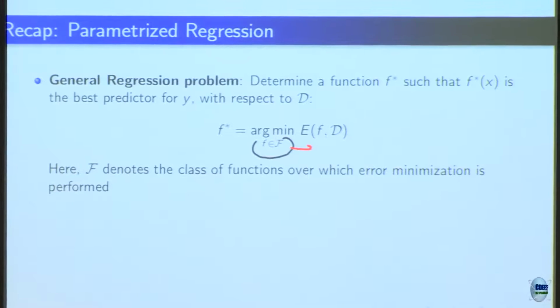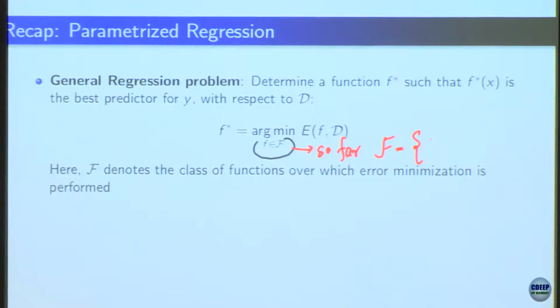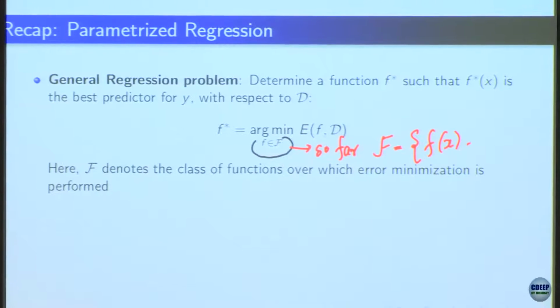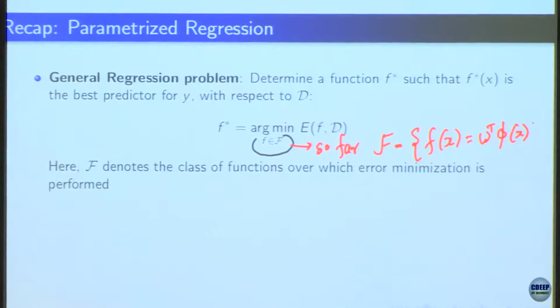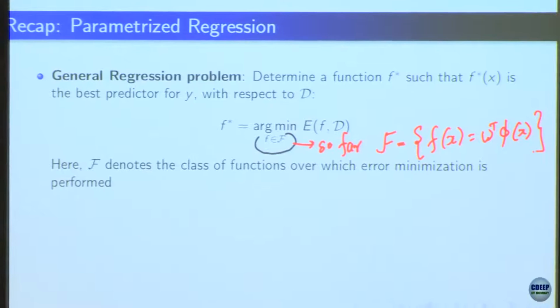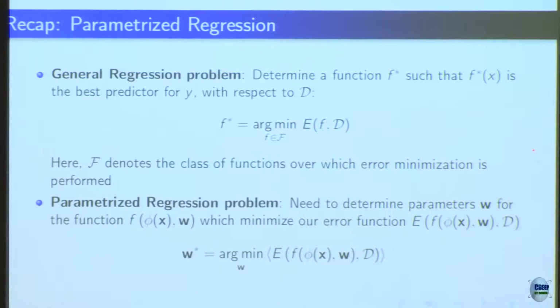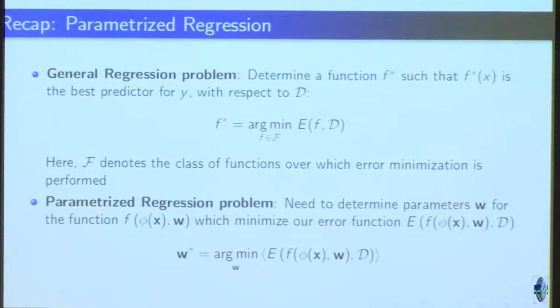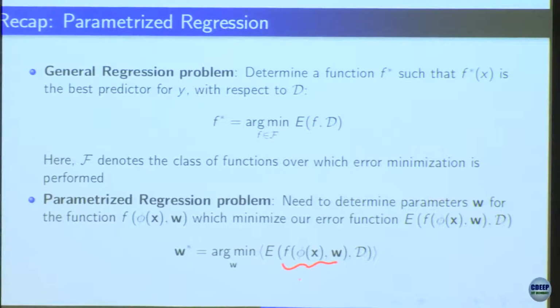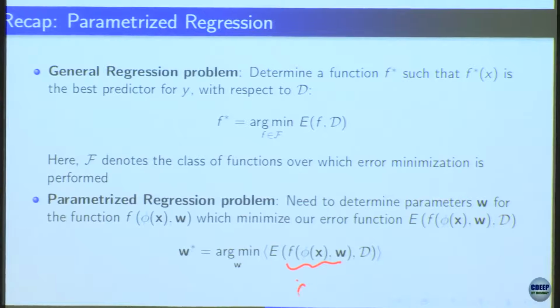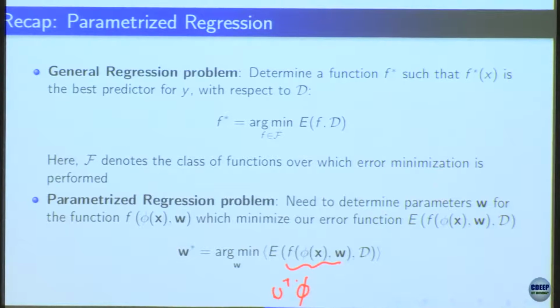So far, our calligraphic S has been all the functions that are linear in some basis functions W, and this is exactly what we have dealt with. A parameterized form, where specifically the parameterized form is linear: W transpose phi x.